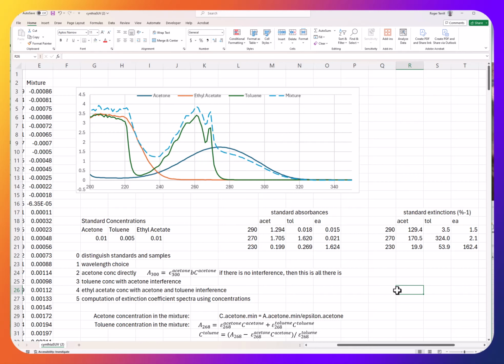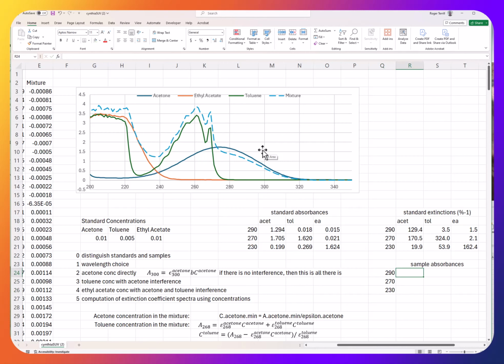So this will equal, so we need the sample absorbances here too, right? So we'll have the sample absorbances, right? And we'll make them 290, 270, and 230, right?